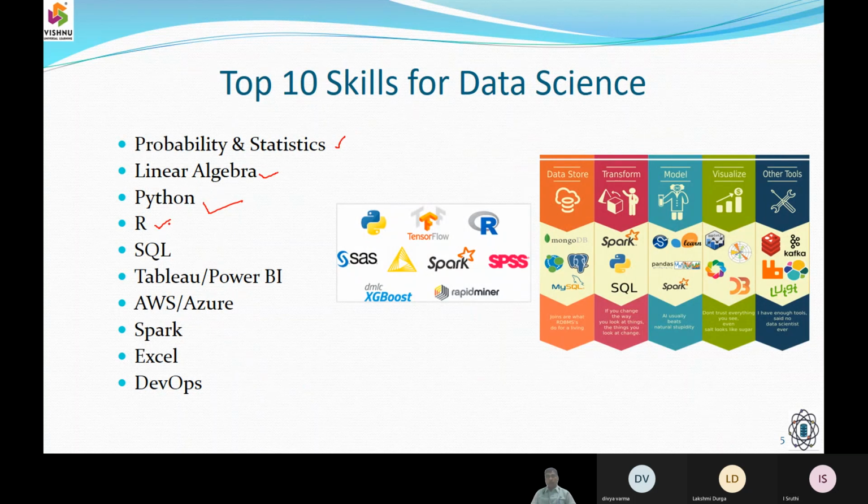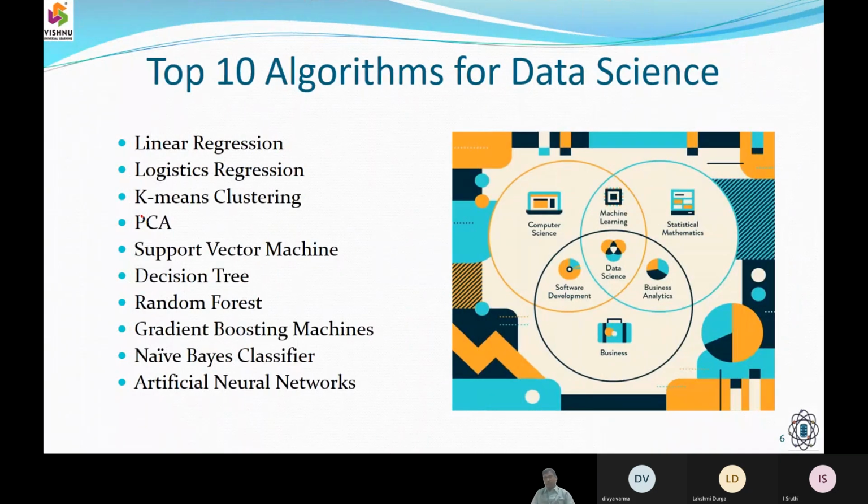But for this curriculum, we are limiting our scope to the R programming language as part of our course. There are 10 prominent algorithms which we are going to take up as part of our course.